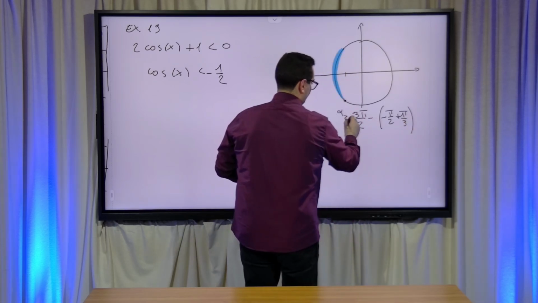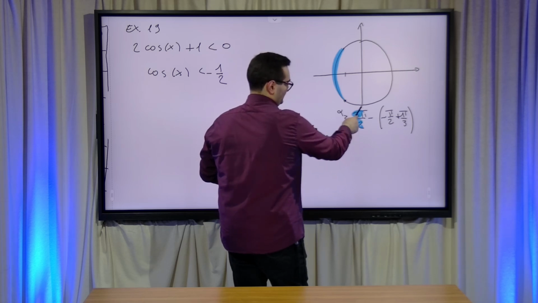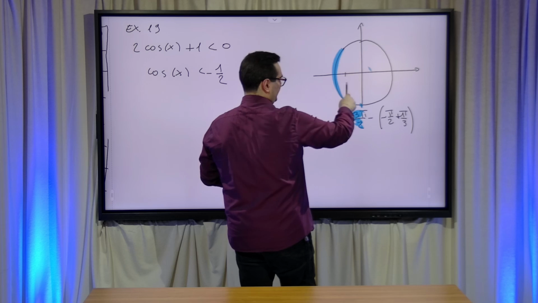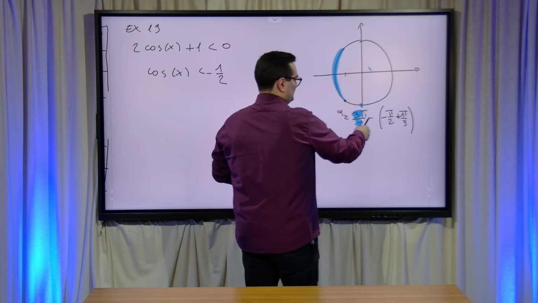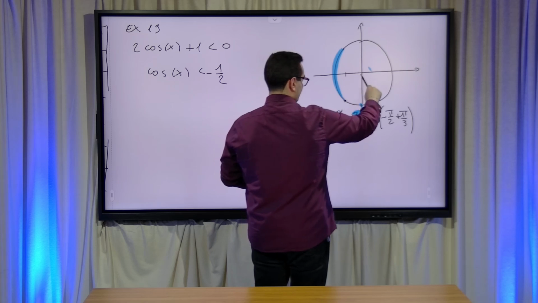What am I doing here? This is the point given by this angle minus the point given by this angle.